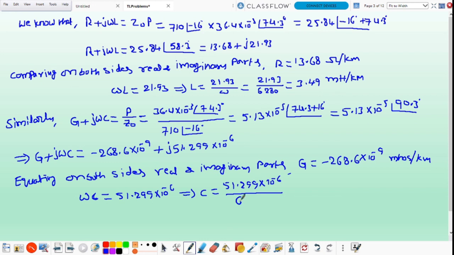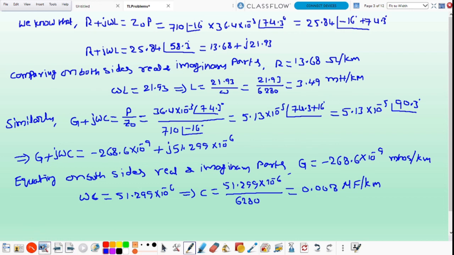The omega value is 6280, and simplifying we get 0.008 microfarad per kilometer. Okay, these are the resistance, inductance, conductance and capacitance values. And from the given data we also calculate the velocity of propagation.